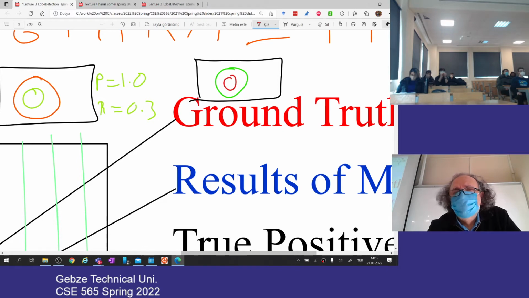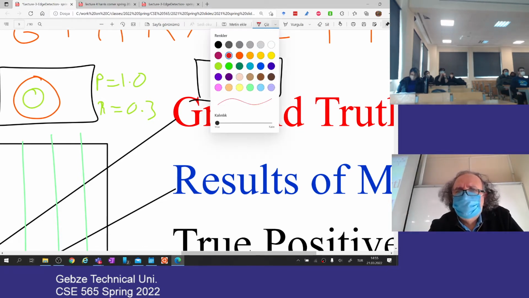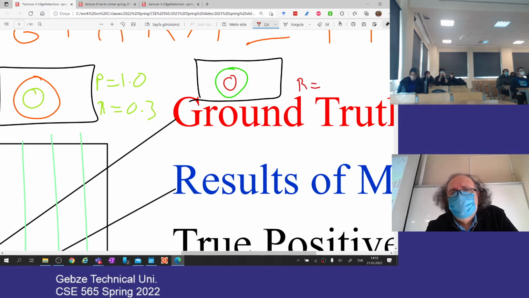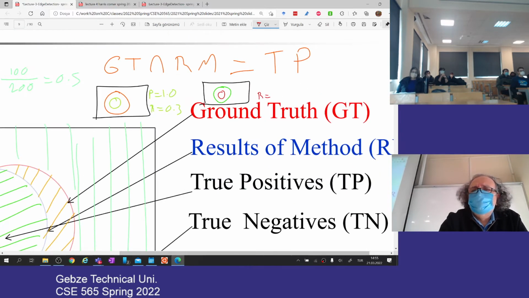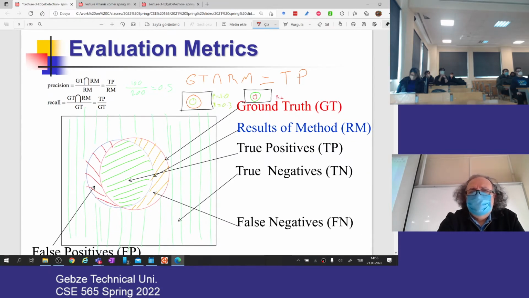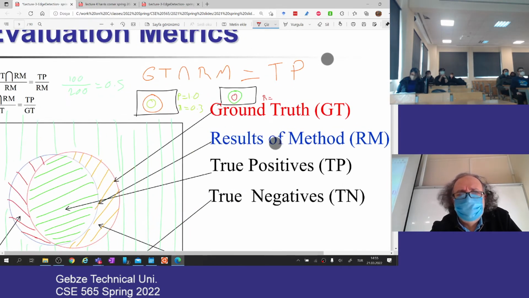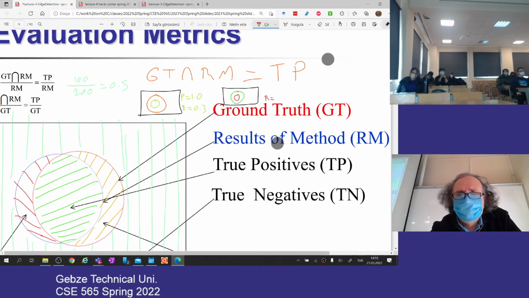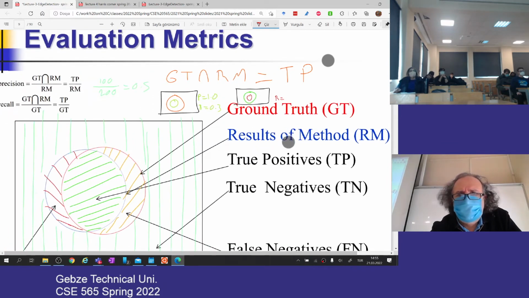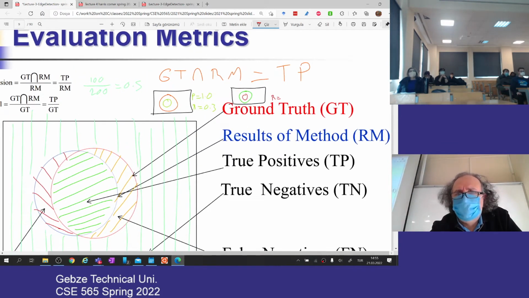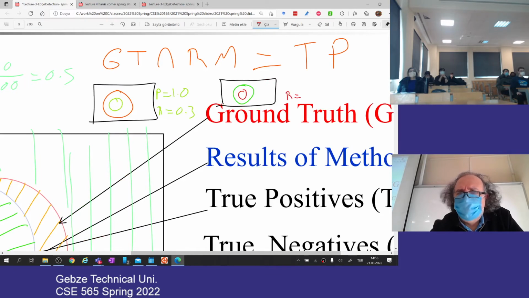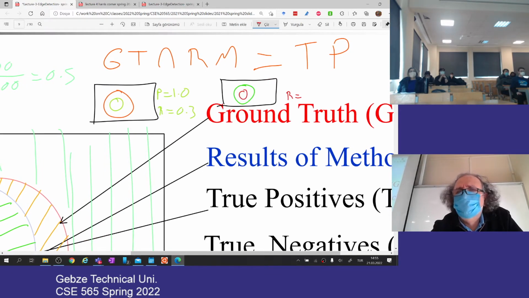So in this case, what is the recall again? Recall is true positives over ground truth. My true positives are all inside this red circle.